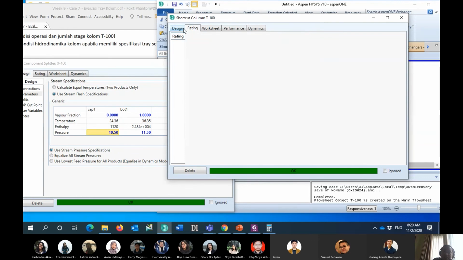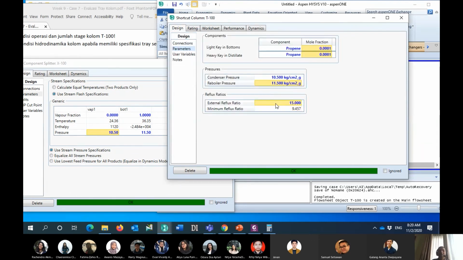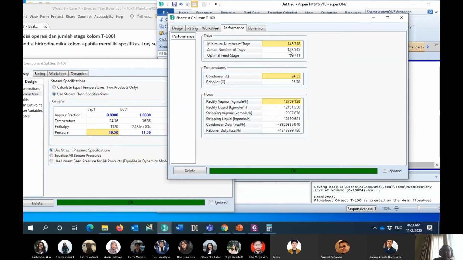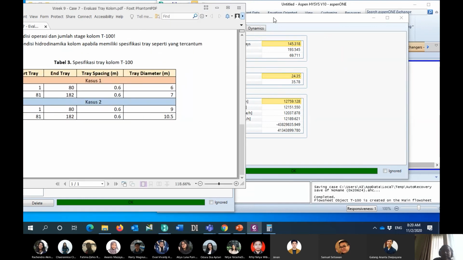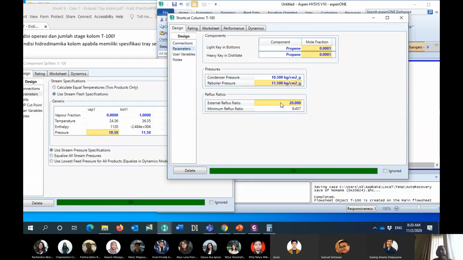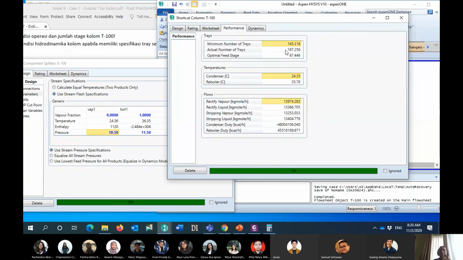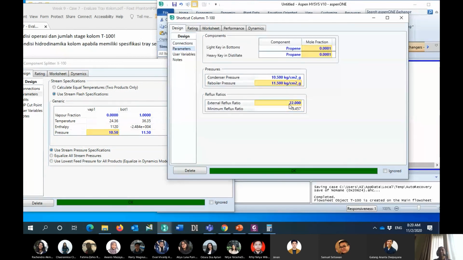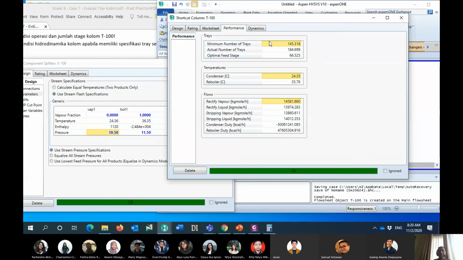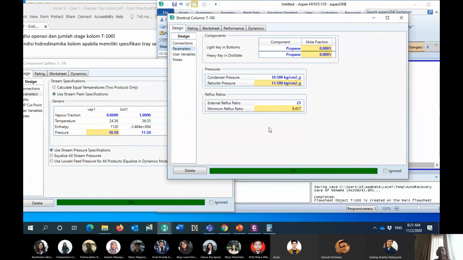So let's increase the external reflux ratio, for example, to 20. We are almost close, so we increase again, for example, to 22. Okay, how about the performance? Okay, how about 23? Okay, probably 24.